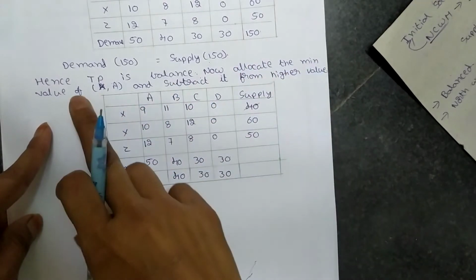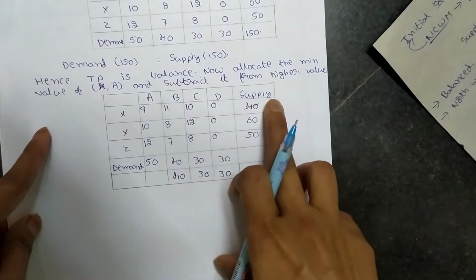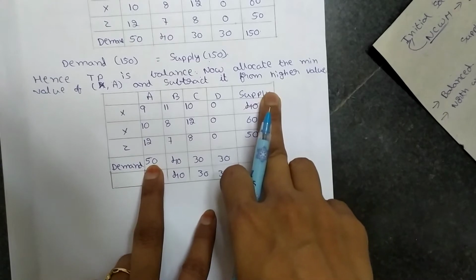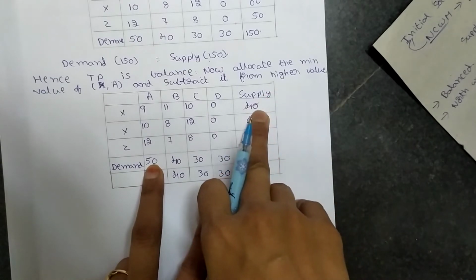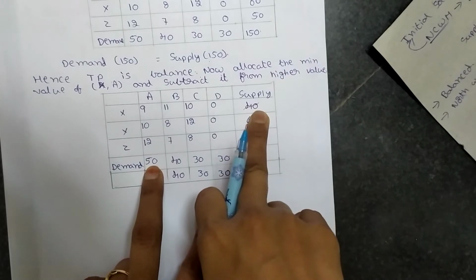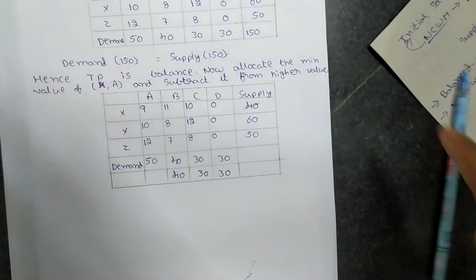Now allocate the minimum value for X comma A. Which value do we need to assign? We need to check supply as well as demand. What is the supply at X? It is 40. What is the demand at A column? It is 50. Which is the lower value? That value has to be allocated.